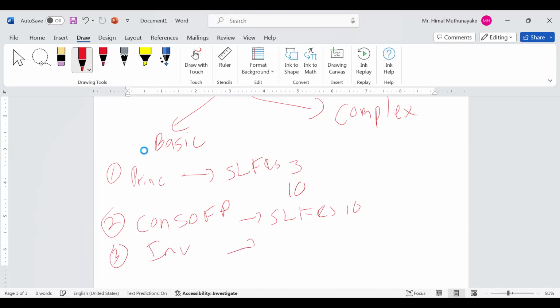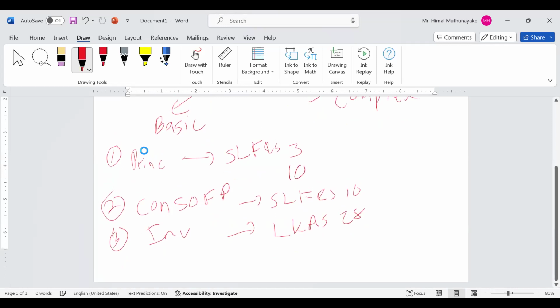And we discussed investment in associate according to LKAS 28, right? And also we discussed joint arrangement according to SLFRS 11. For this, we have also discussed the consolidated statement of comprehensive income.